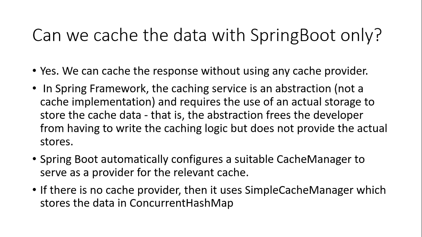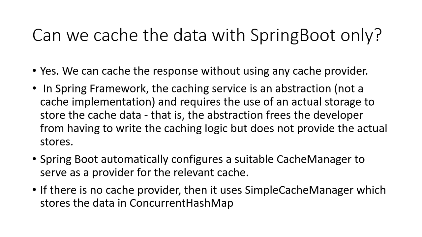What Spring Boot does is, as soon as you add Spring Boot starter cache, it will try to search the class path for any external caching providers. For example, Couchbase, EHCache, JCache, so many are there. If any caching provider is available in the class path, it will try to auto configure that respective caching manager, and it will go through that respective caching provider's XML files and follow the instructions.